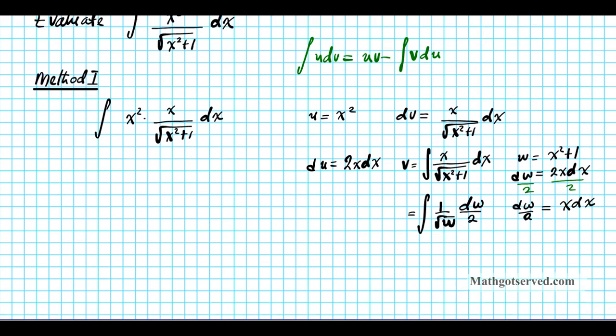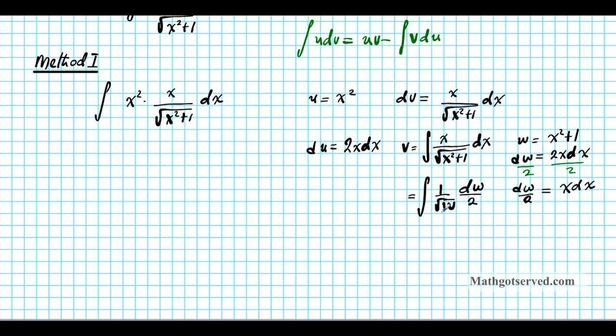Now let's rewrite this in such a way that it's easy to evaluate the integral. In order to do that, we're going to use the reciprocal property of exponents and the special case of the nth root. So we're going to have the integral of w to the negative 1/2. This 2 can be factored out, so we'll have a 1/2 in front here, dw. And we can clearly see that this is easy to integrate.